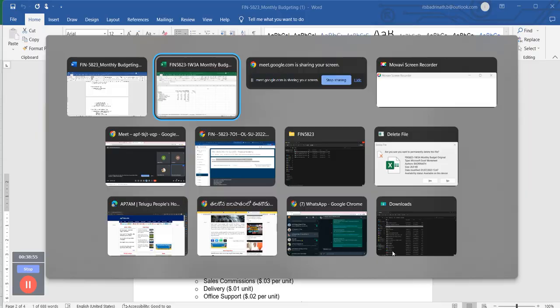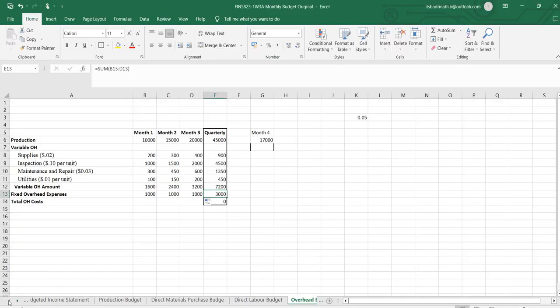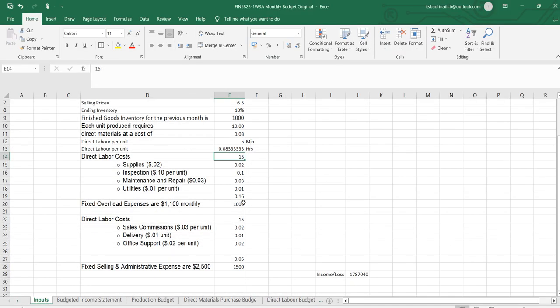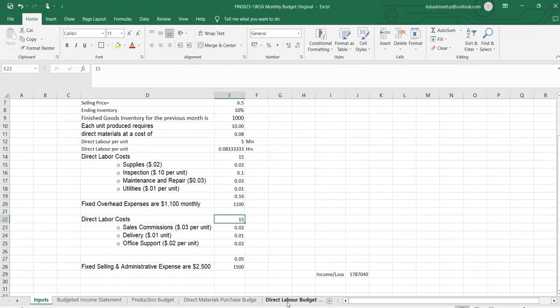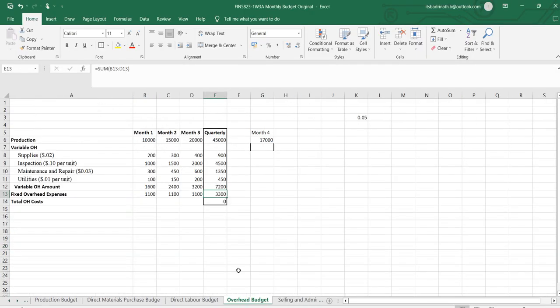I made this, so it's showing as 1000. I'm going to change this to 1100. So the overhead cost is calculated here.